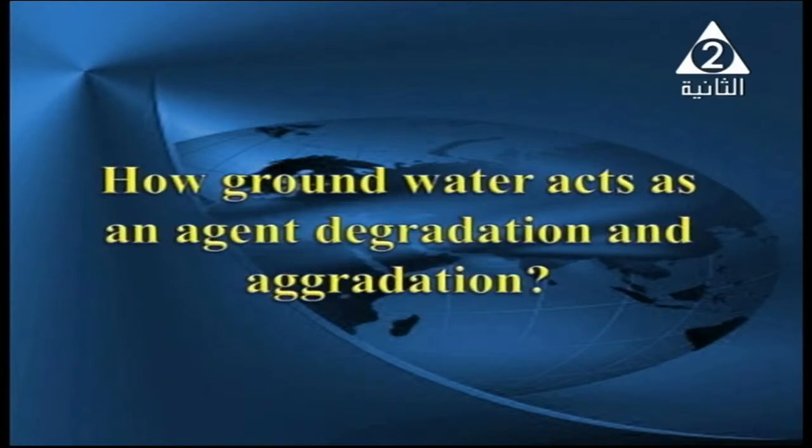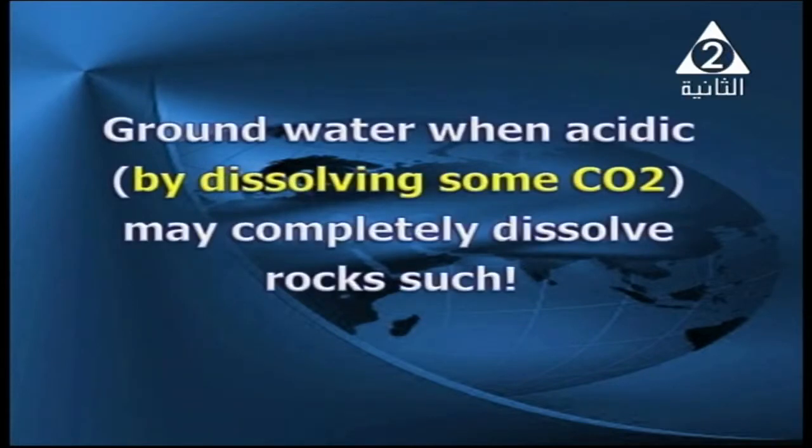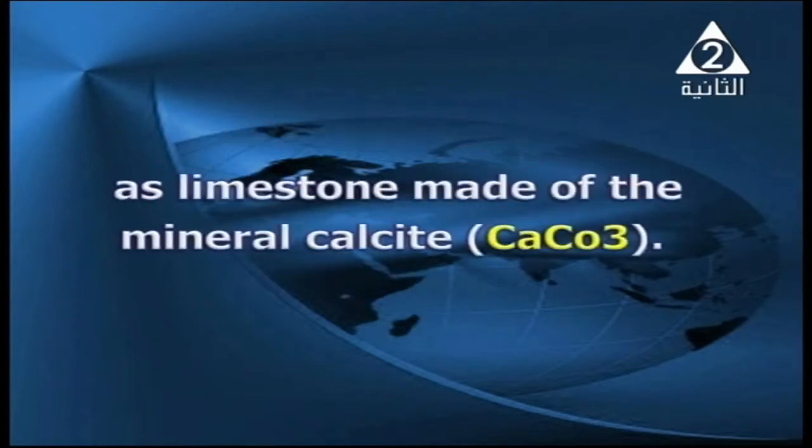Now, my dear students, how does groundwater act as an agent of degradation? Let's go to groundwater as a dissolving agent. Groundwater, when acidic by dissolving some carbon dioxide, may completely dissolve rocks such as limestones, which are made of calcium carbonate.